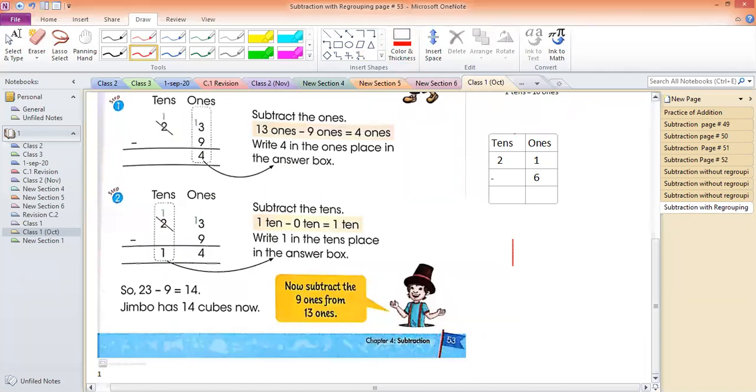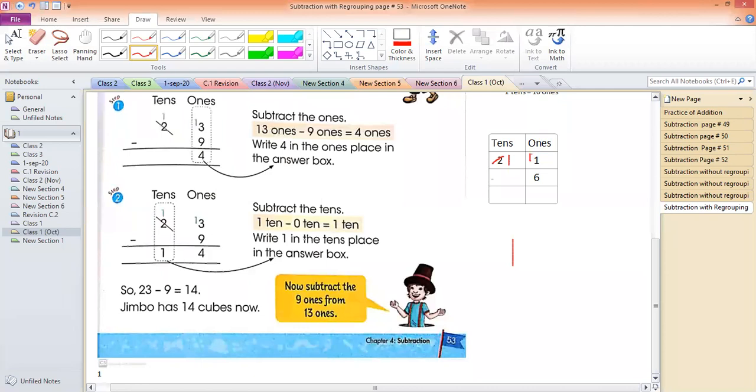Listen to me. Now this one will ask for 1 from tens. Ask for carry. So this 2 tens will give 1 ten here. There were 2 tens. It is now 1 because it gives 1 ten to the ones.